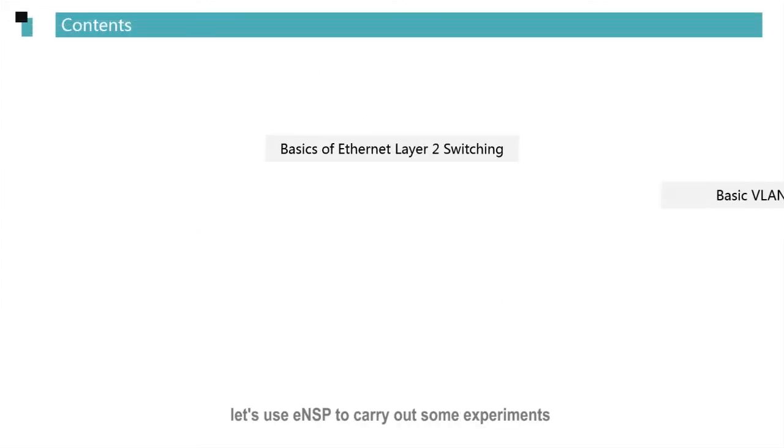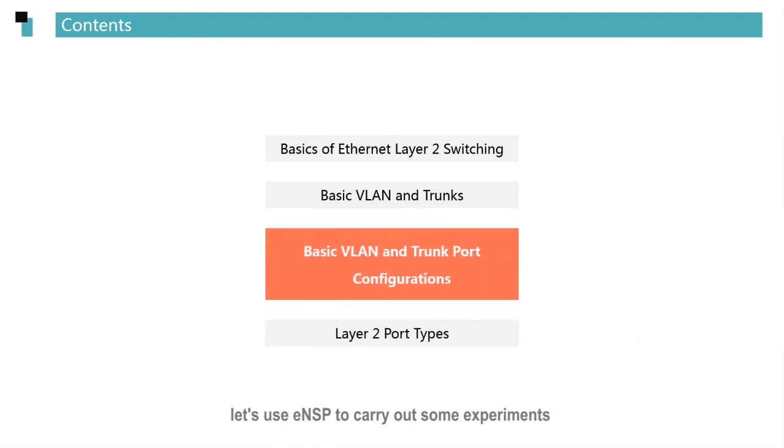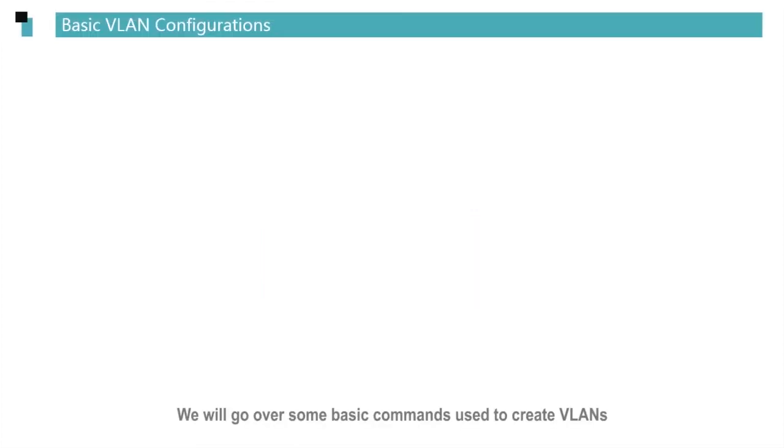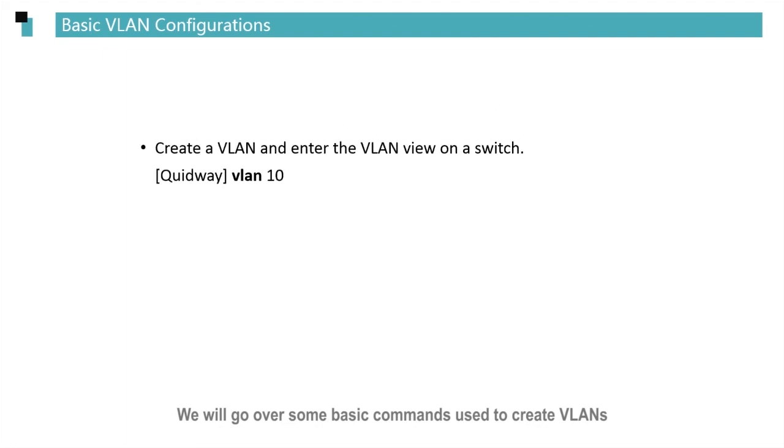Next, let's use eNSP to carry out some experiments on basic VLAN and trunk configurations. We will go over some basic commands used to create VLANs. First, let's create a VLAN on the switch and enter the VLAN view.